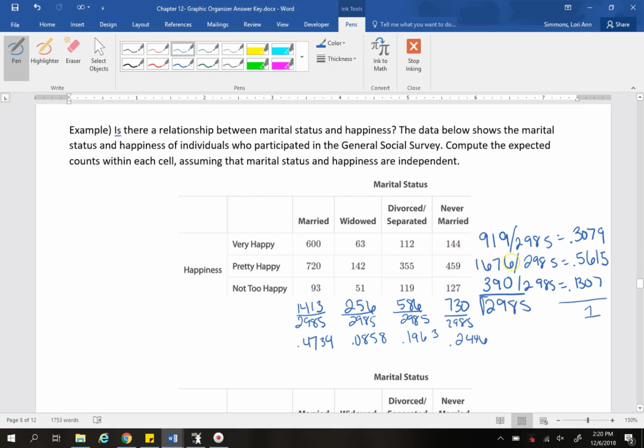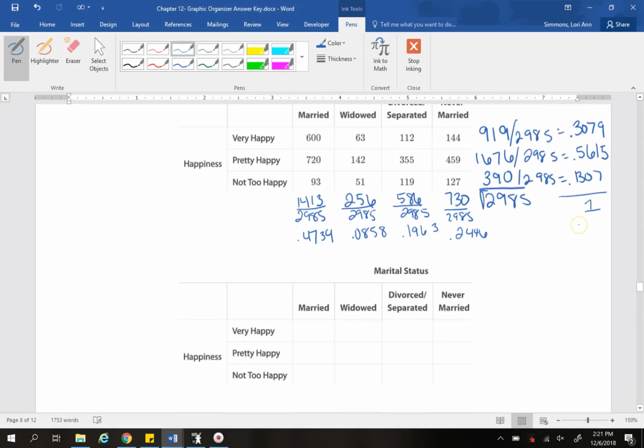Step 3, use the probability of E and F equals the probability of E times the probability of F, the multiplication rule for independent events, to compute the expected proportion of observations within each cell, assuming independence. So what they're saying in step 3 is if we want to find the proportion that are very happy and married, you're going to take 0.4734 times 0.3079.